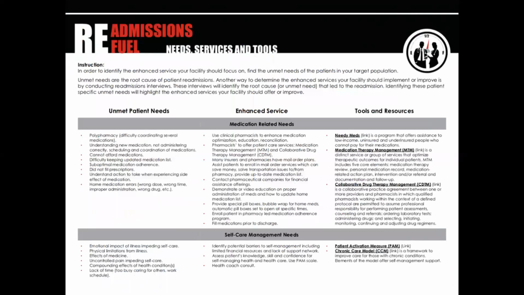So just very briefly to orient you to this, you see on the left-hand side where we identify unmet patient needs, then in the middle column, what kind of enhanced services might a hospital readmission team and their partners be able to mobilize? And on the right-hand side are some really nice tools and resources that substantiate that idea or give you more information about that idea.